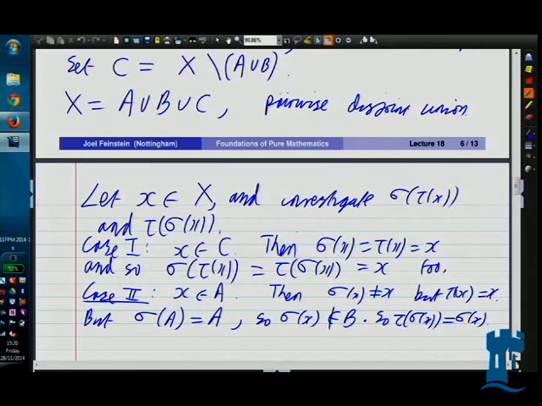Now we can put all that together. Tau of sigma of x equals sigma of x is equal to sigma of tau of x. So that's good, we got the same answer that way, because tau didn't move either x or sigma of x. That's why you still ended up at sigma of x either way round.